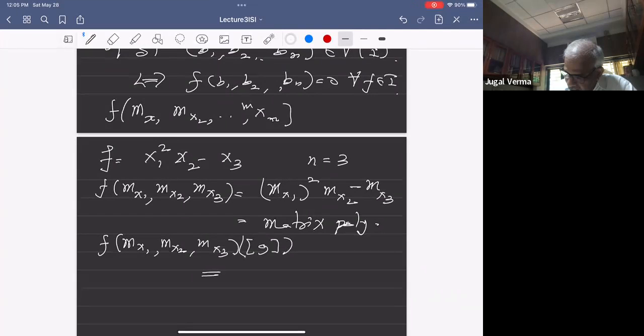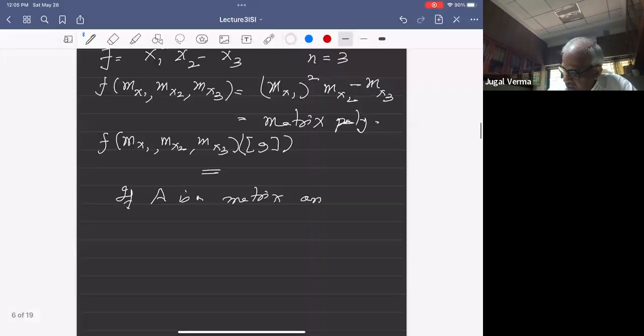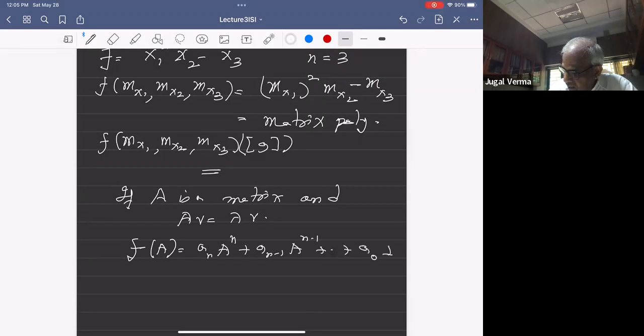Suppose I have a matrix A, and Av equals lambda v. Now I take a polynomial in A, say a_n A^n plus a_{n-1} A^{n-1} plus ... plus a_0 I.